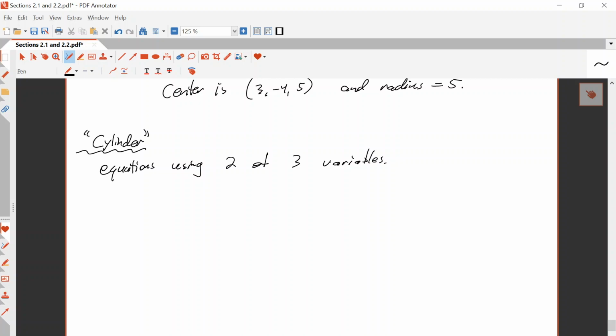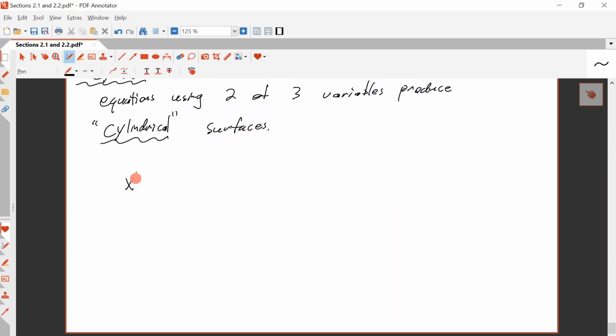Equations using 2 of the 3 variables produce cylindrical, in quotes, surfaces. So, for example, x² + y² = 1. In 2 dimensions, that's the circle of radius 1 centered at the origin. So x and y give you this circle of radius 1.